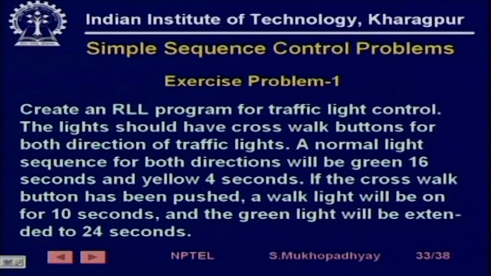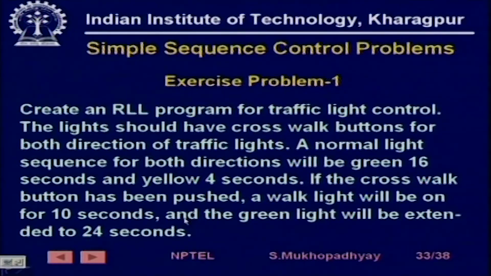If the crosswalk button has been pushed, then a walk light will be on for 10 seconds and the green light will be extended to 24 seconds, right. So, this much of description is only given.